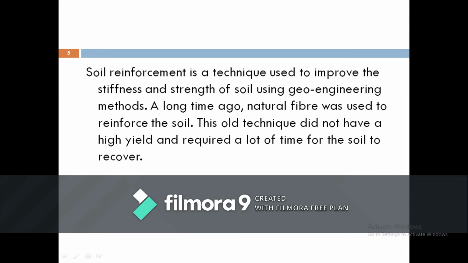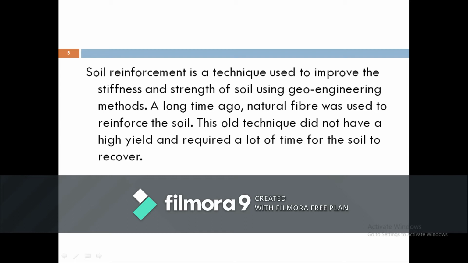A long time ago, natural fiber was used to reinforce the soil. Initially natural fibers were used, but after some time they get decomposed and the property is going to vary. Because of that, we started using geosynthetics. This old technique did not have a high yield and required a lot of time for the soil to recover. It took some years to go for decomposition, or else to enhance the property of the soil.